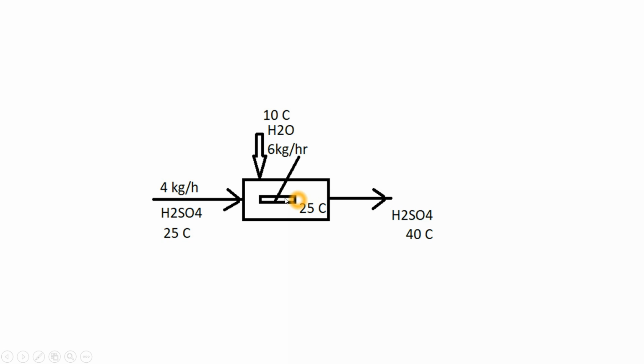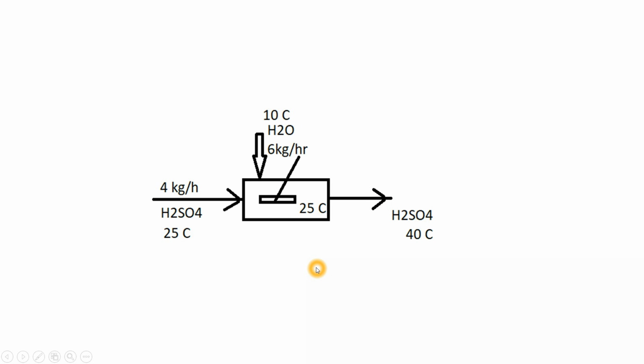So heat of mixing will be at 25 degrees centigrade, and after that we are getting the solution at 40 degrees centigrade. If you apply the mass balance, then 6 kg plus 4 kg, 10 kg per hour is exiting from this reactor, right?